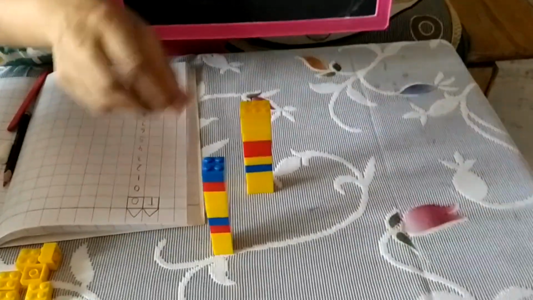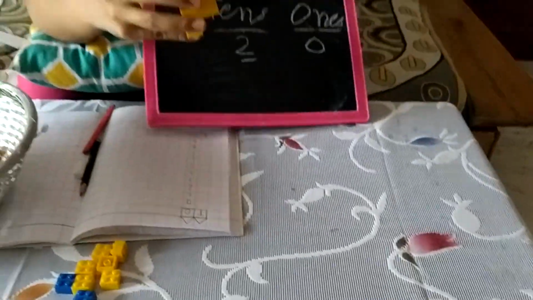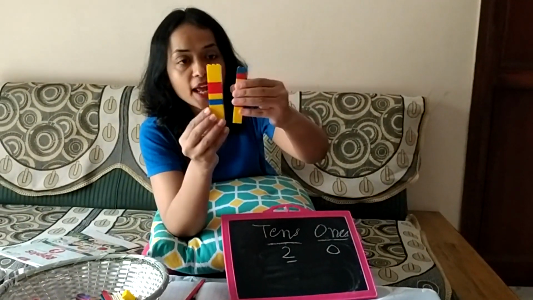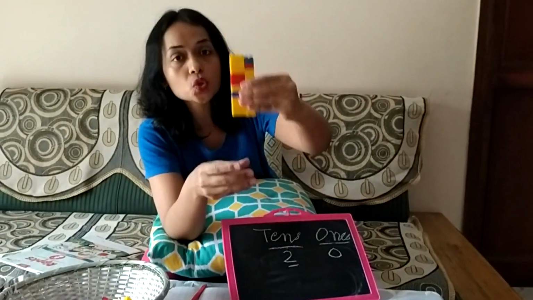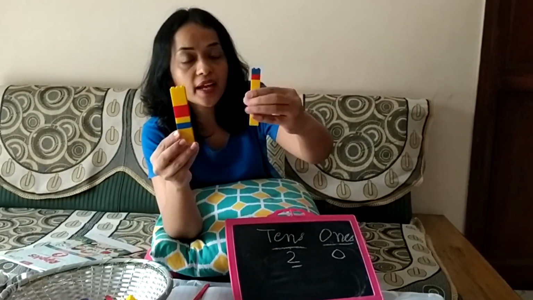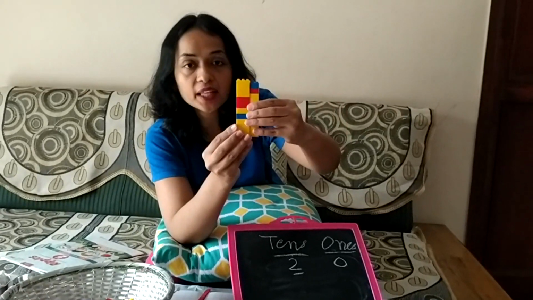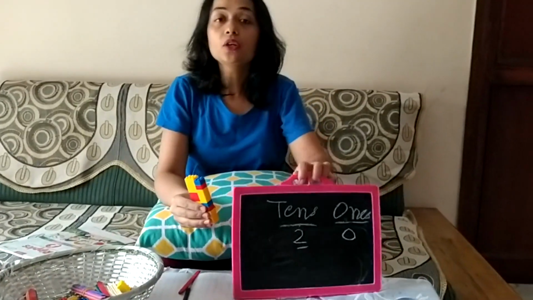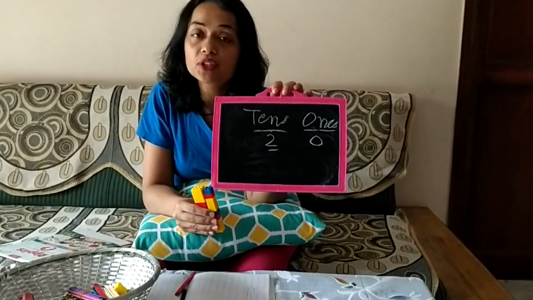This is 1 and this is 2. This is 1 ten and this is 1 ten, and together they make 2 tens, right? Together they are 10 and 10, so together they are 20, right? So this way you can practice the concept of tens and ones.